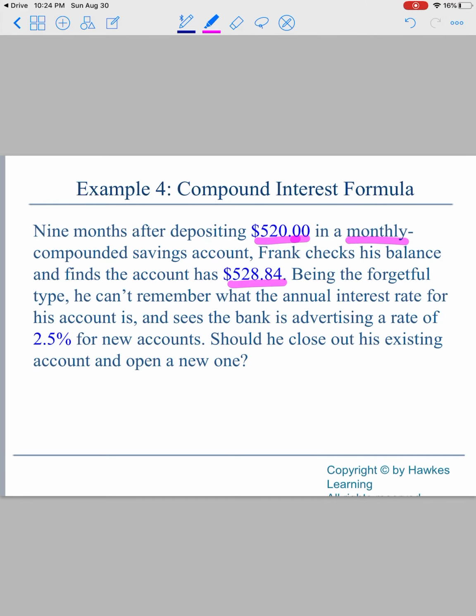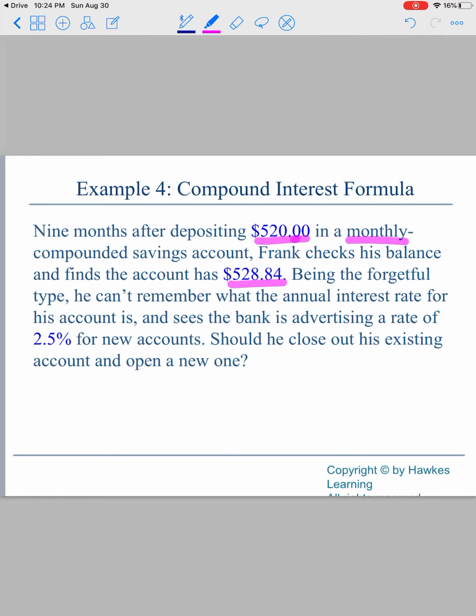The first thing we need to do is identify our quantities, and we've pretty much done that here. We know that our starting amount, our principal, was 520. Our n, how often it is compounded: it compounds monthly, so n is 12.